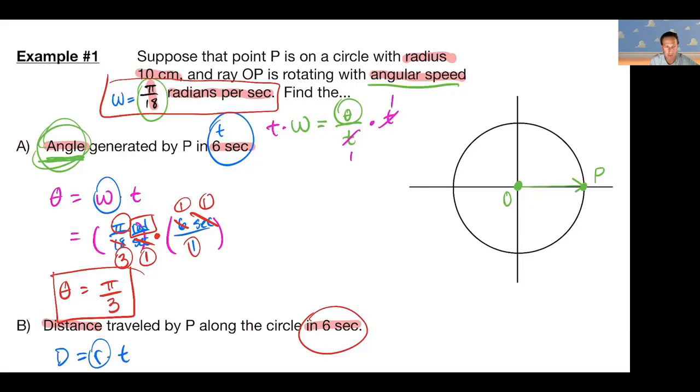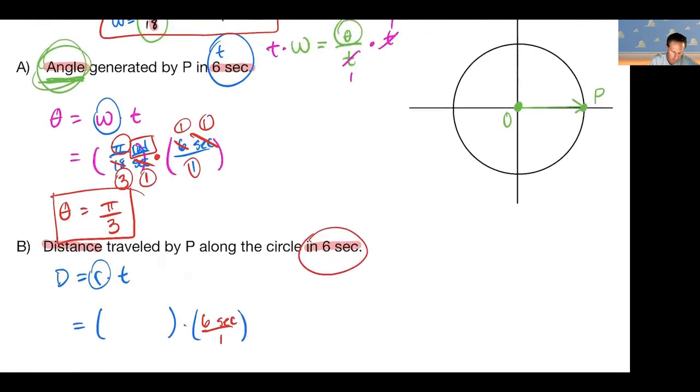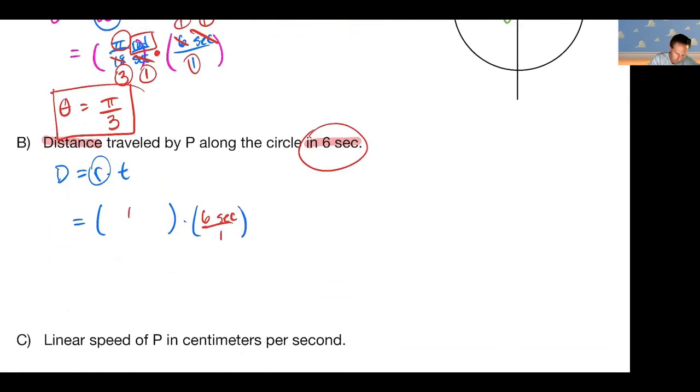That was the angular speed that it was rotating. So if we punch that in, that pi over 18 radians per second, that would work. And that would give us something.